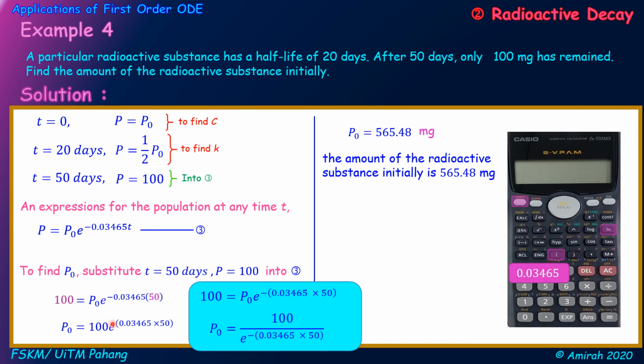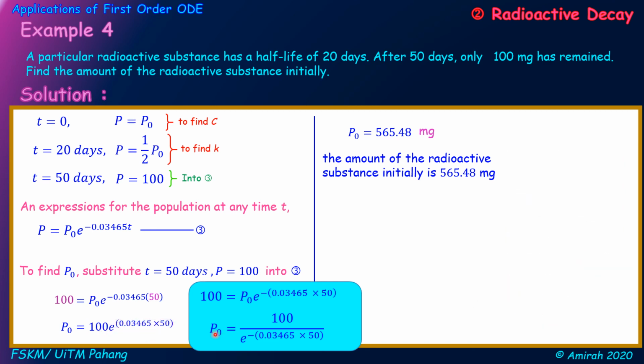Then we press 0.03465 times 50, and close the bracket. Then we press equal first to find the value of e to the power of the exponent, and after that we multiply by 100.